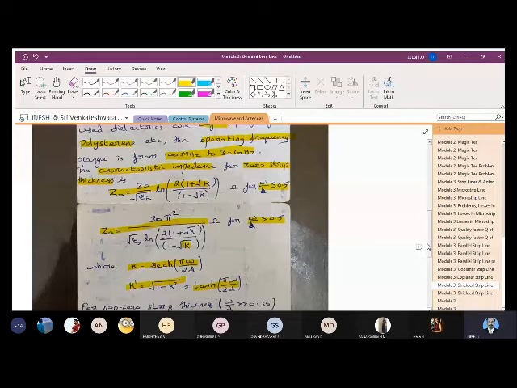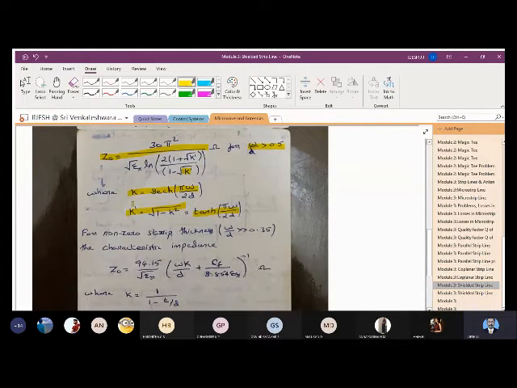If we have one more case here to study, that is for non-zero strip thickness, that is W by D greater than 0.35.